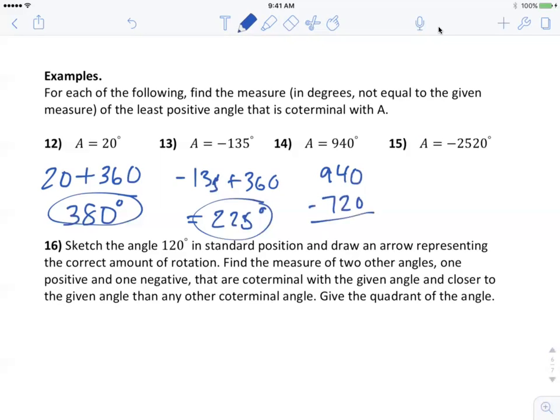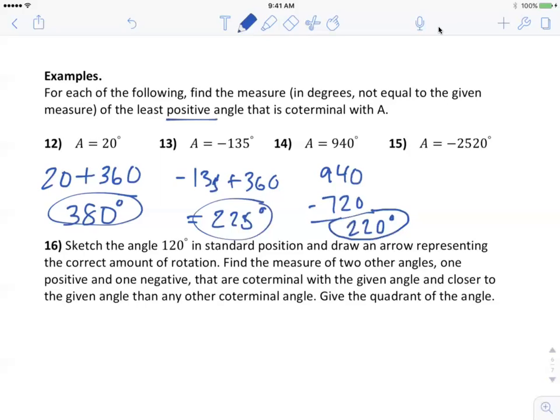I'm subtracting a multiple of 360, right? Trying to get something that's less than 360 is my goal there, right? That's 220 degrees. If I subtracted 360 again, I'm going to get a negative angle, which is not a positive angle, which the directions want. Okay, so I want that least positive.